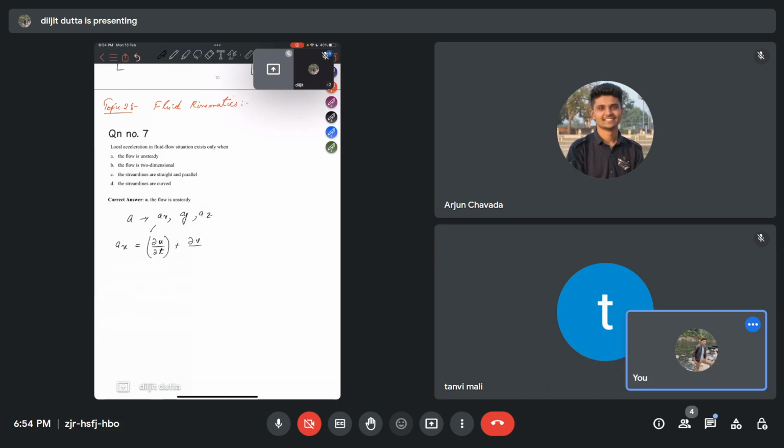Now the parameters u, v, and w, all three components of velocity, can also vary in the x direction. So due to change of these velocity components in space, this also gives rise to an acceleration component. So how will we consider that component?